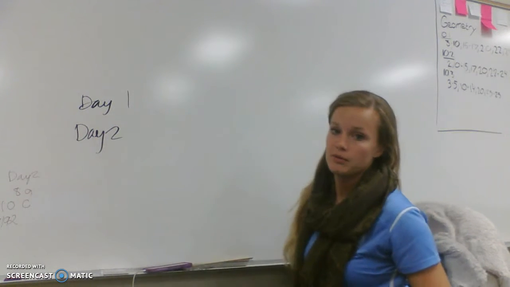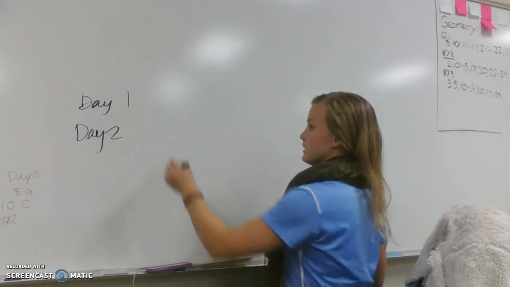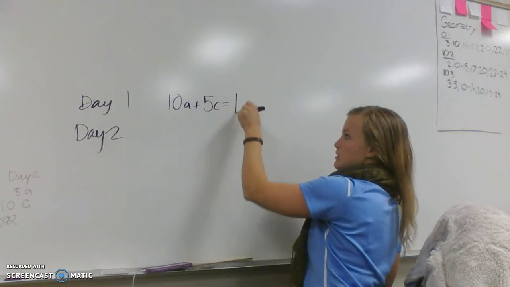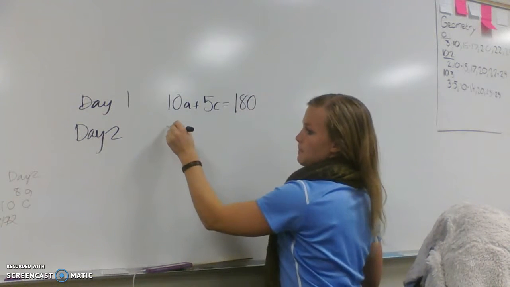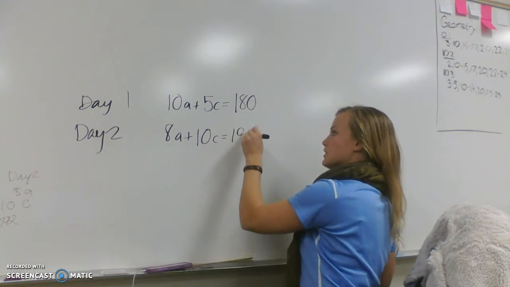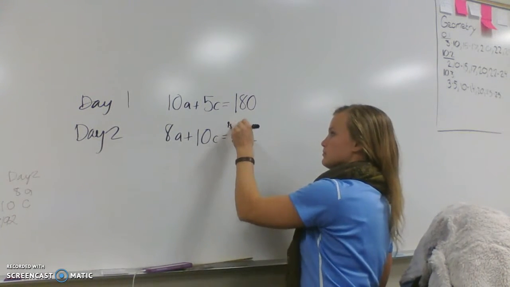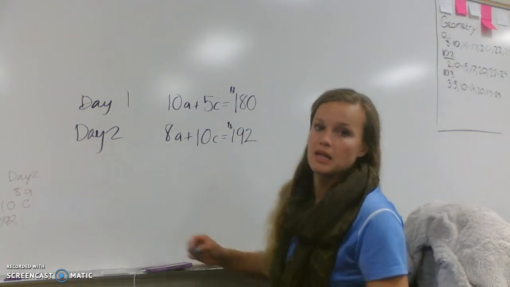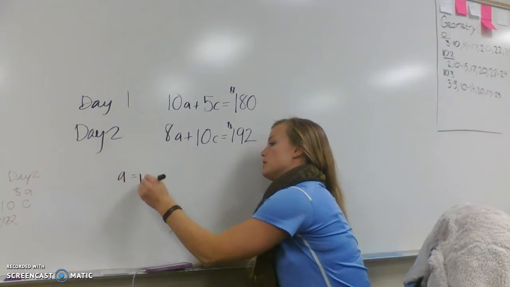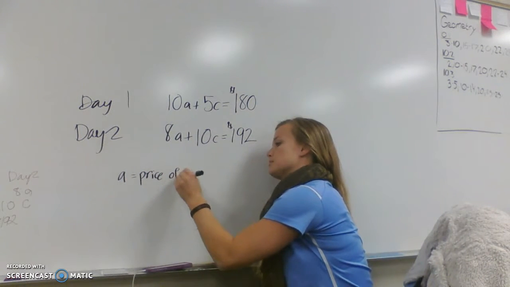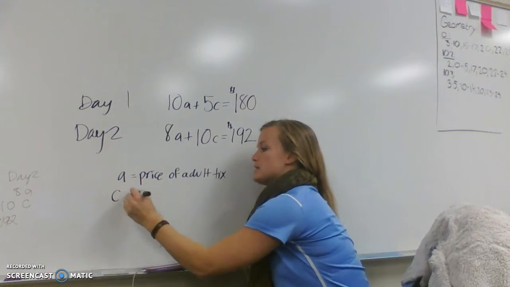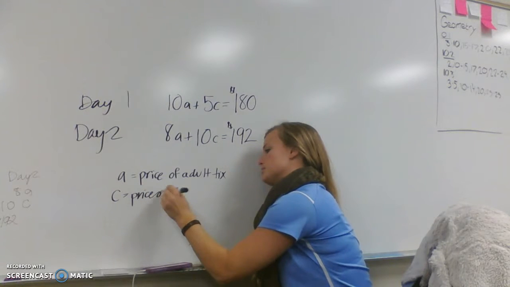And I'm going to use the variables A and C for adult and child tickets. So we have 10A plus 5C is going to be $180, and 8A plus 10C is $192. Right, because A is going to be the price of an adult ticket, and C is going to be the price of a child ticket.